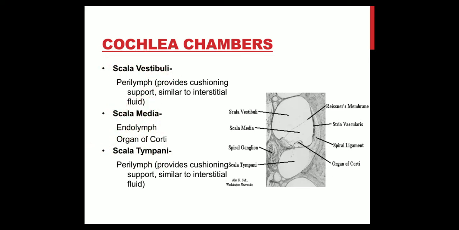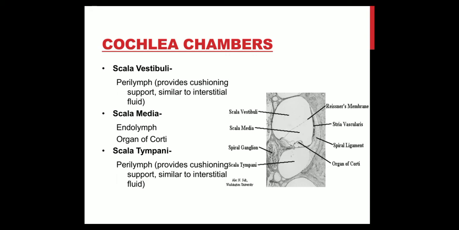The scala vestibuli is the upper part, filled with perilymph, which provides cushioning support similar to interstitial fluid. The scala media is filled with endolymph, and the organ of Corti is present here, which is responsible for hearing in the human system. The scala tympani also contains perilymph, providing cushioning support similar to interstitial fluid.